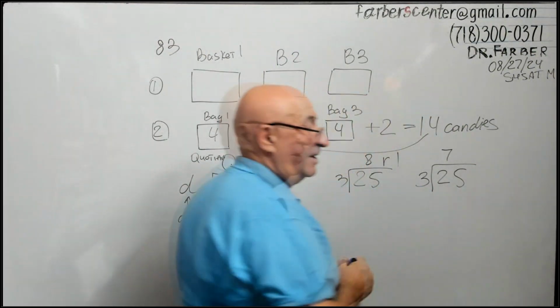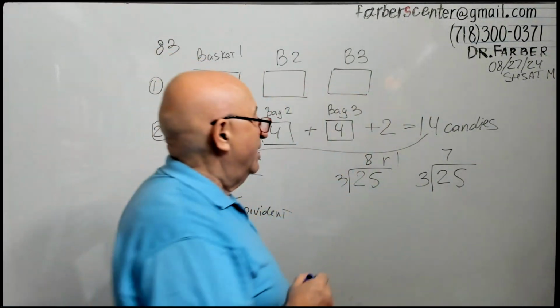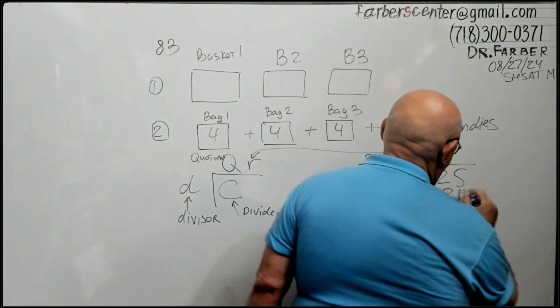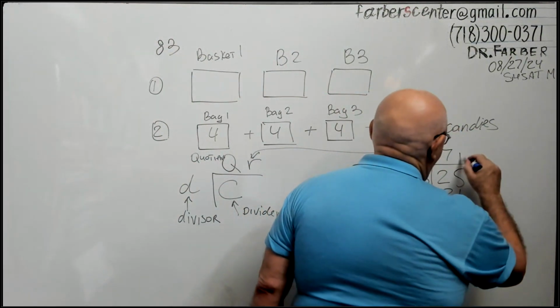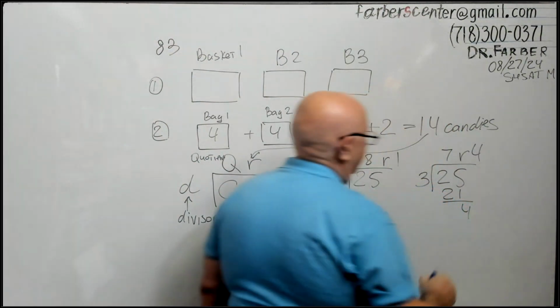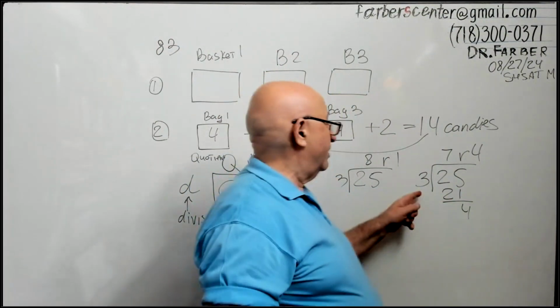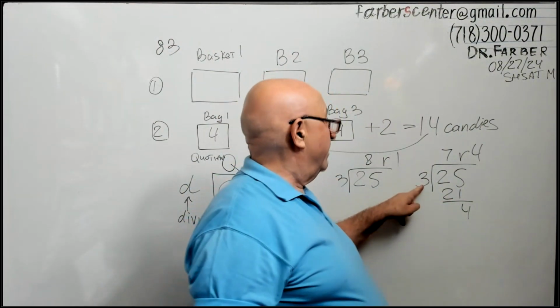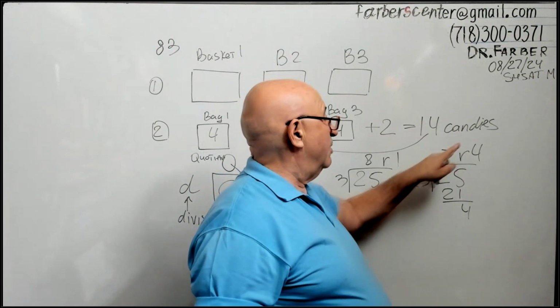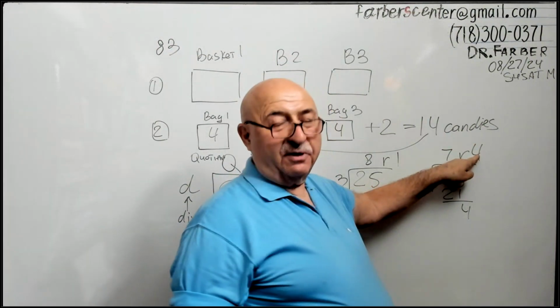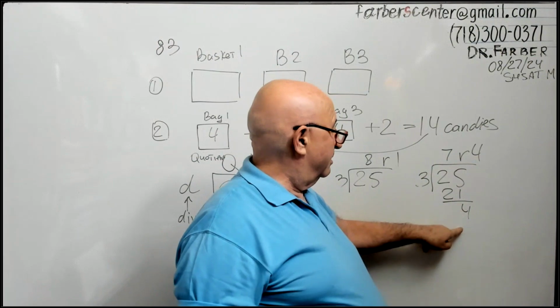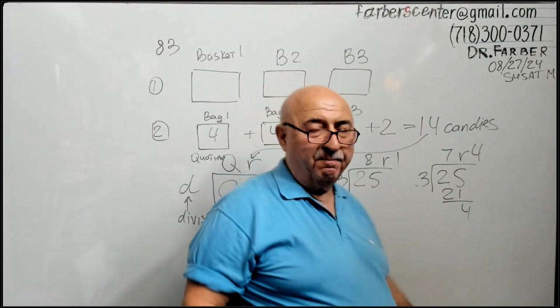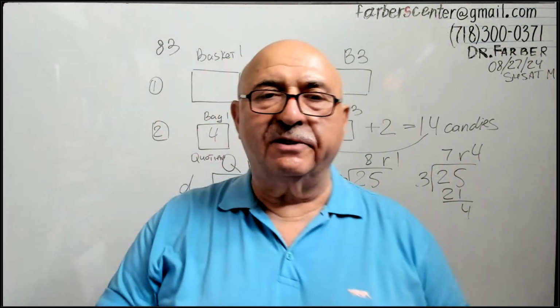I did not study the multiplication table. 7 times 3 is 21, and this remainder is 4. So it shows this is an idiotic way, because the divisor must always be greater than the remainder, because you keep doing this, right? One more time. So the divisor is always greater than the remainder.